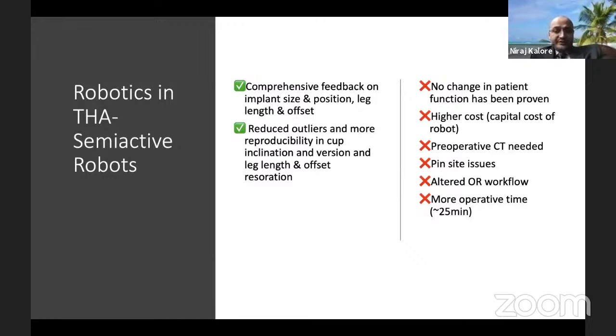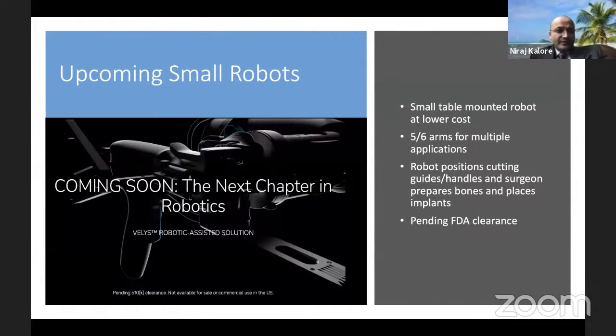Cost is high. A pre-op CT scan is needed. Multiple pins need to be placed for the navigation, so again, pin site issues are there. It changes your workflow, that is true. It increases your operative time by 20-25 minutes, so that also is an additional cost.